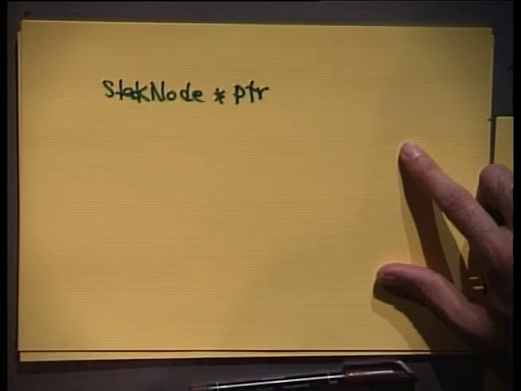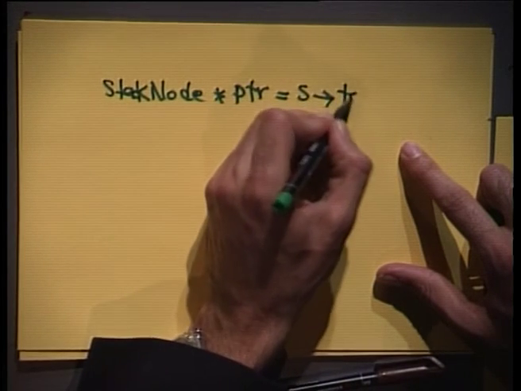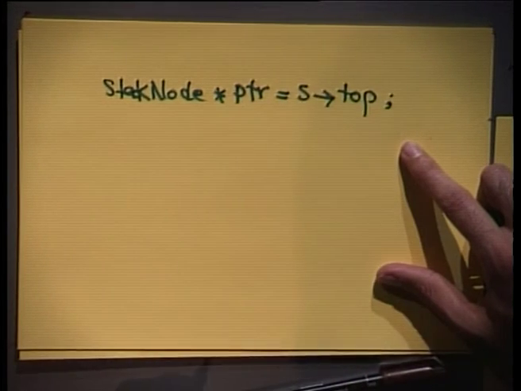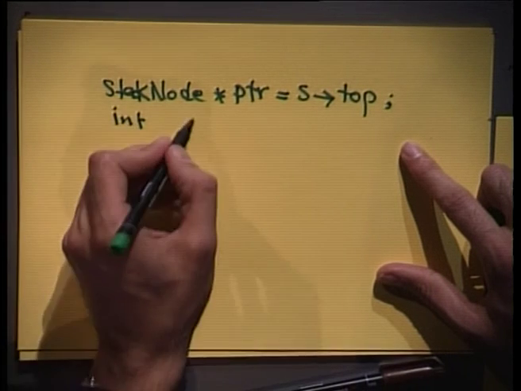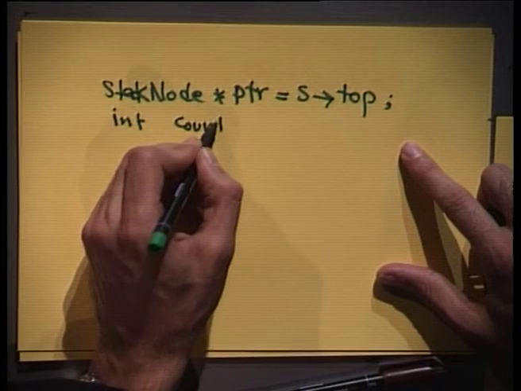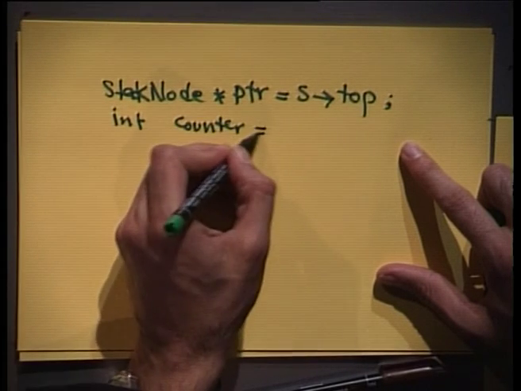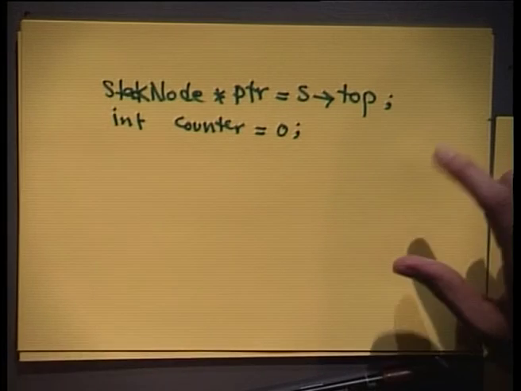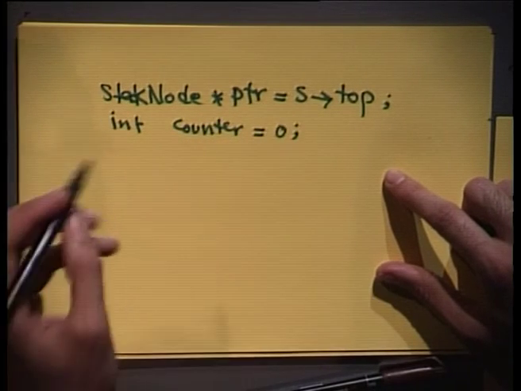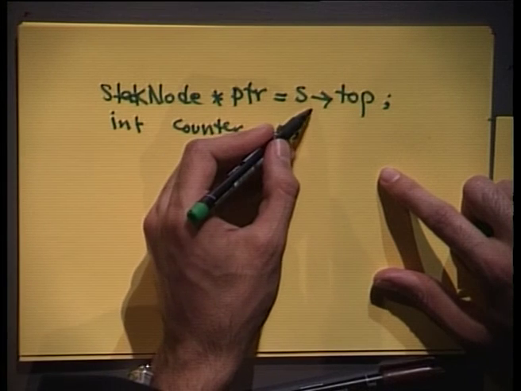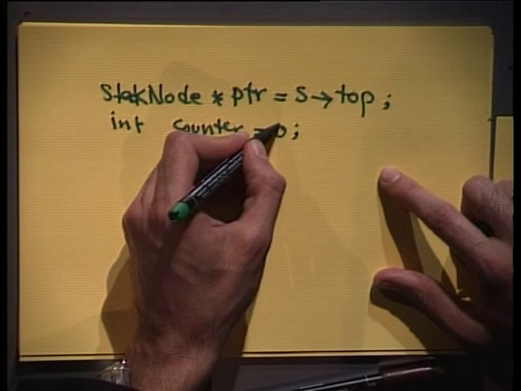PTR, and initialize it to be something like S arrow top. Okay? And I need to define a local integer variable counter, which is going to count the number of entries I have in there, and I'm going to initialize it to 0. All right? Since it's already pointing here, I could count this already and say 1 instead of 0.